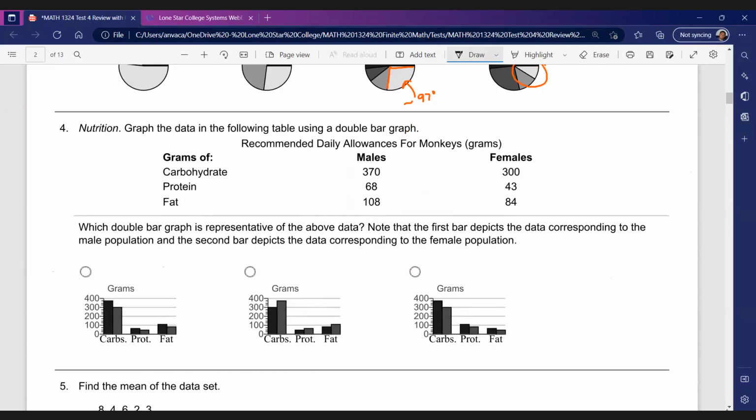We're making sure that this looks like 370. So I'm looking for 370, 300. This looks right. According to what I see here, male seems to be the darker color.